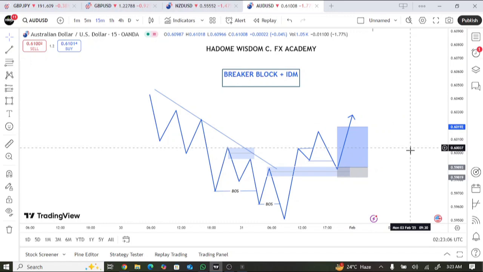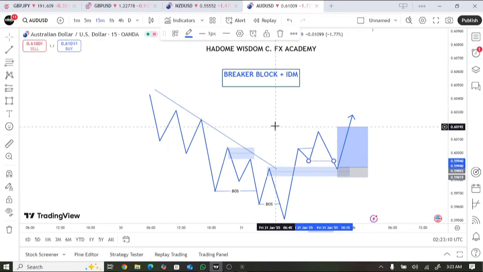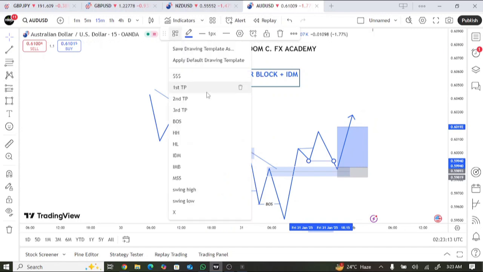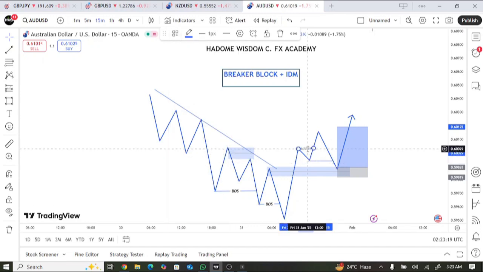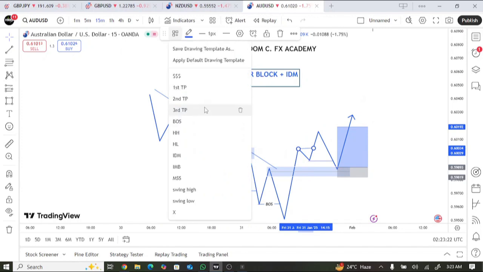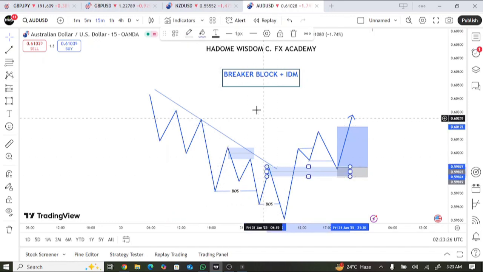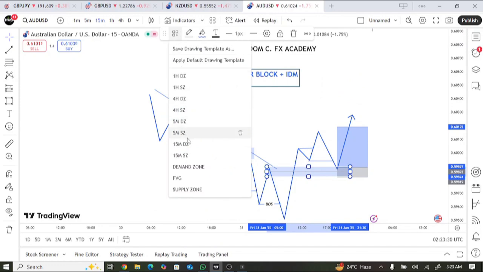Then it took out the liquidity. That was why the inducement, it actually took out the inducement from here, and it gave me a breakout structure. So all this made me know that this trade is very, very valid. And this zone was the 15 minute supply zone.